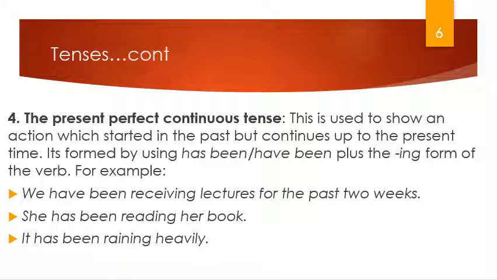When we say plus the ing form of the verb, it is by adding ing at the end of the verb. For example, we have been receiving lectures for the past 2 weeks. She has been reading her book. It has been raining heavily.